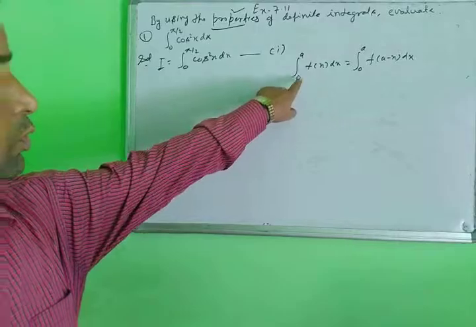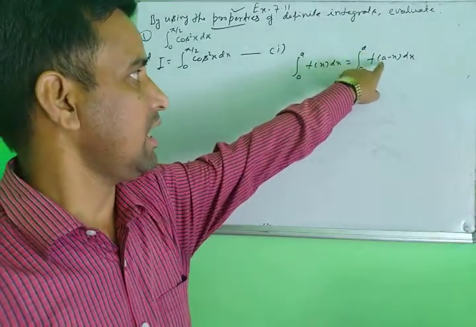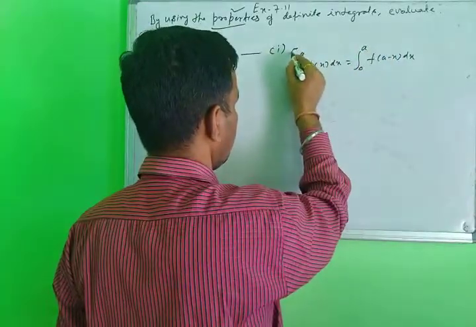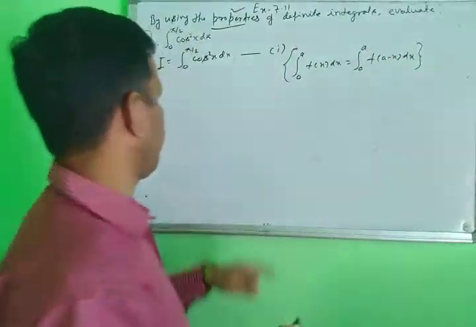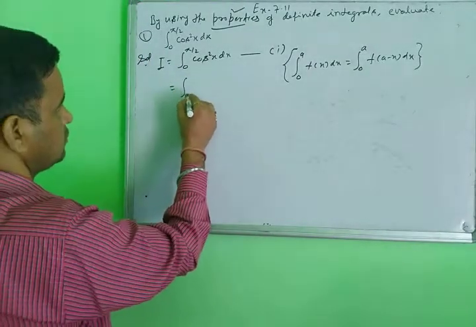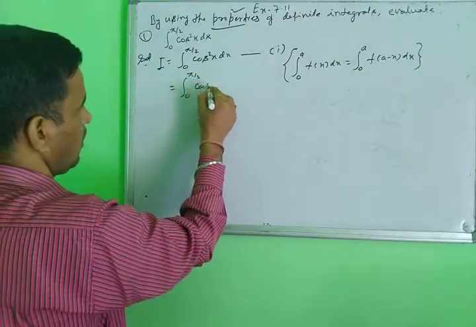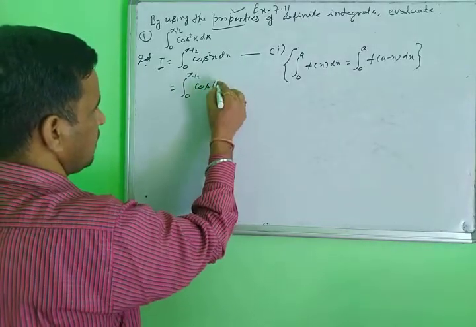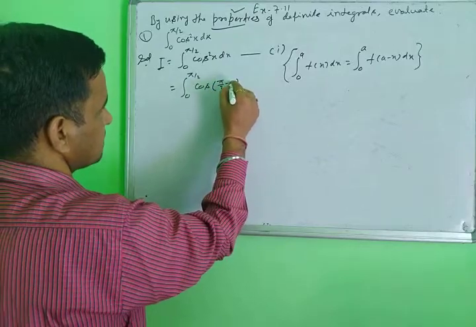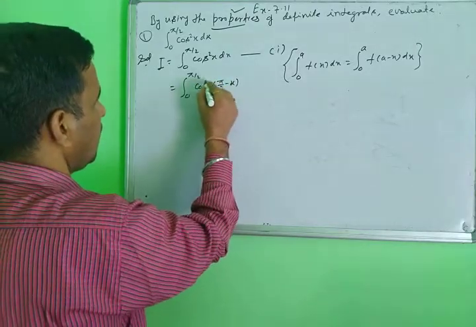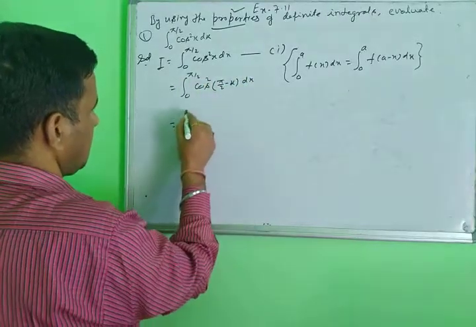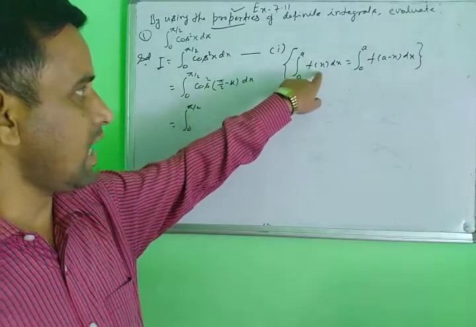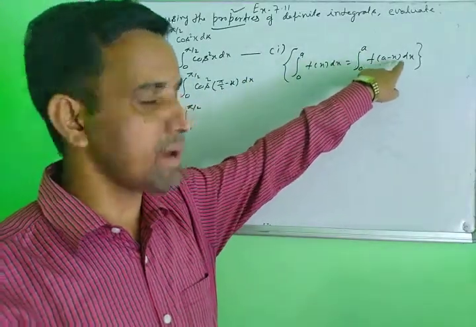Using this property, we get the integral from 0 to pi by 2 of cos square (pi by 2 minus x) dx, according to this property.